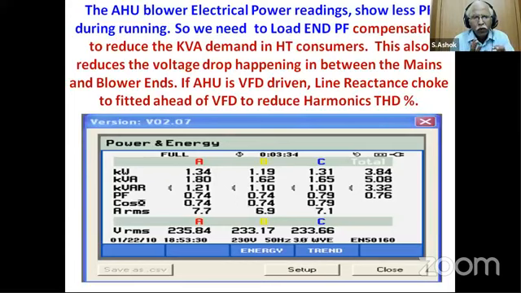So the power factor is around 0.6 or 0.7 when the blower is operated at 50% loading. At 50% loading, if you want to improve, load compensation definitely improves the voltage to the blower. Then definitely there is kVA reduction at the incoming side if it is an HT consumer.